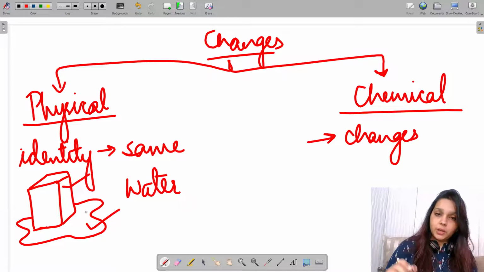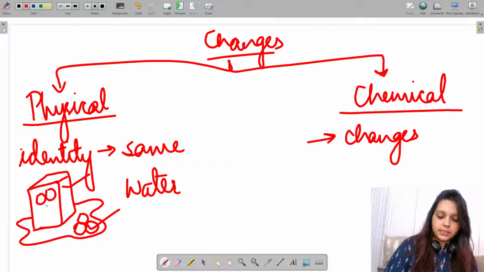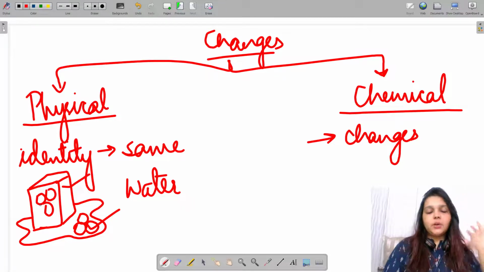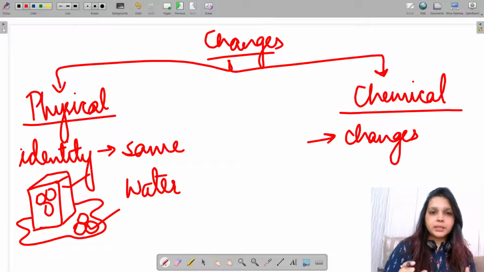If I look at the molecular level, the particle level, the particles of water and the particles of ice will be the same, right? Only a physical change happened. The particles' identities did not change, they did not lose their identity at all.